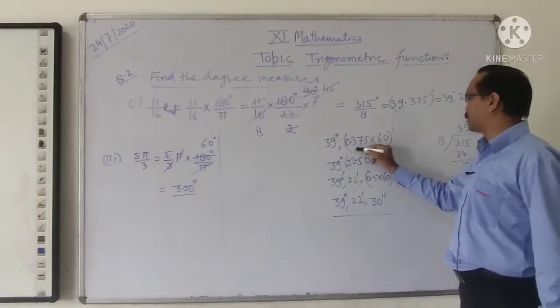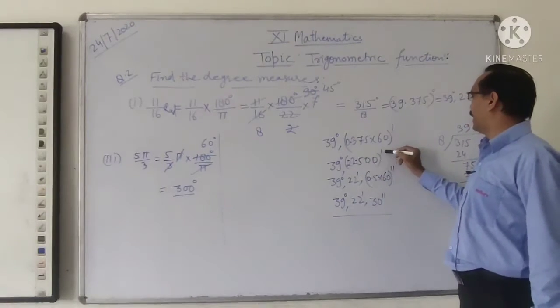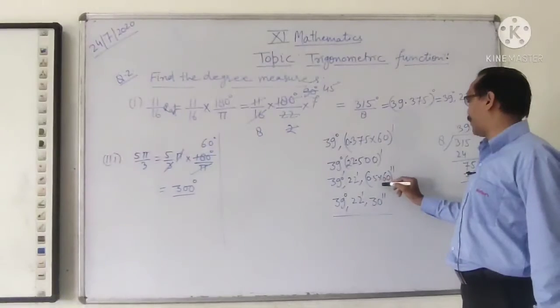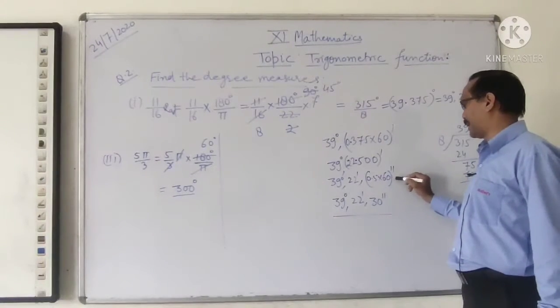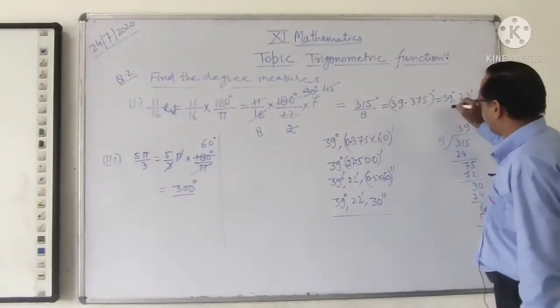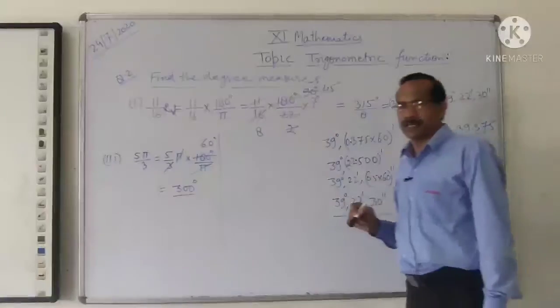Now multiply these two terms, we will get 22.5 minute. Then we write 22 minutes, then 0.5 into 60 seconds. So it is 30 seconds. So our answer is 39 degree, 22 minutes and 30 seconds.